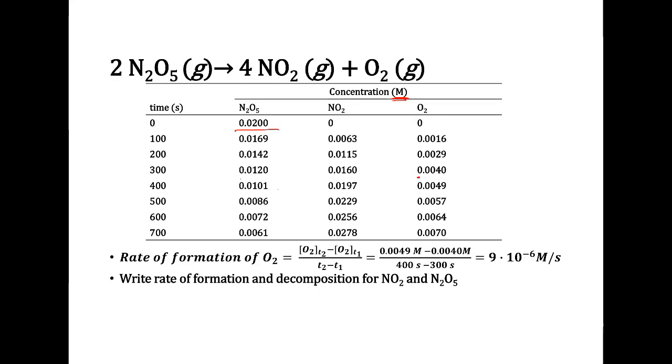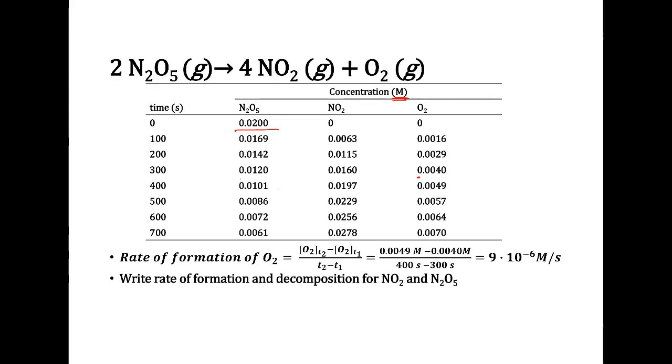But we can see that the dinitrogen pentoxide concentration decreases with respect to time, whereas the concentration of nitrogen dioxide and oxygen is going to increase with respect to time. Okay, so again, reactants are decreasing over time, products are increasing. So we can find the rate of formation or the rate of decomposition, and there's a couple of different ways that you can do this.